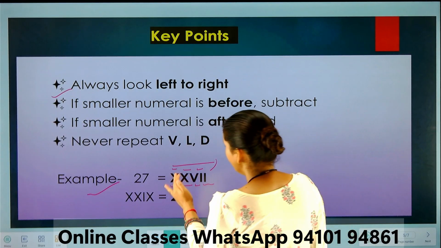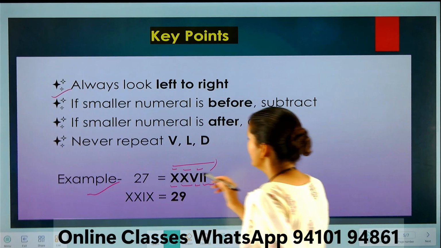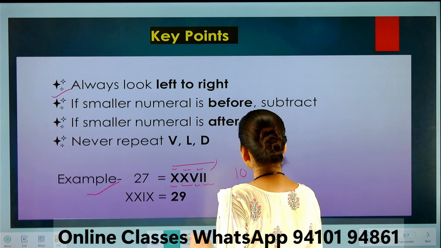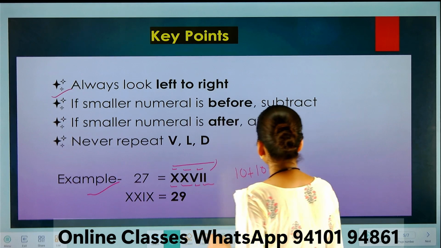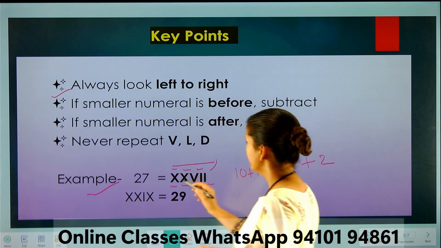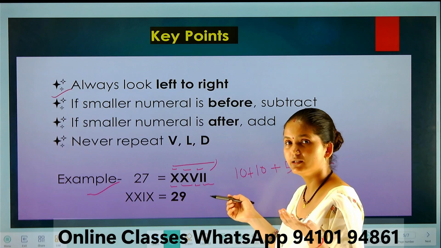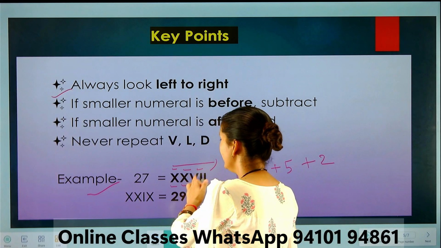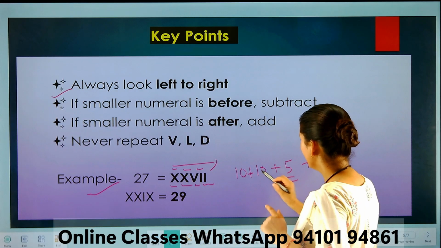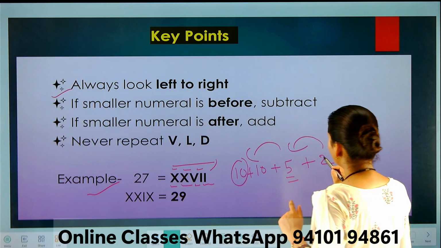Got it? This one is bigger than this one. So look here, this is 10, this is 5, and this is 2. 10 is denoted by X, 5 is denoted by V, and 2 is denoted by double I. 10 is bigger than 5, and 5 is bigger than 2.